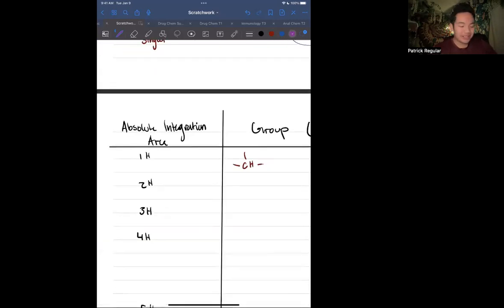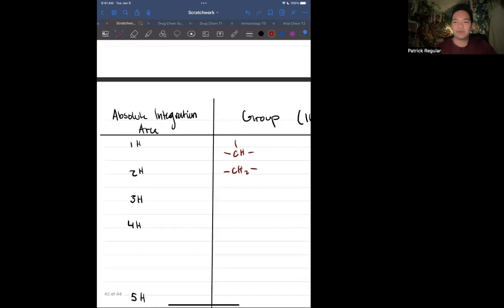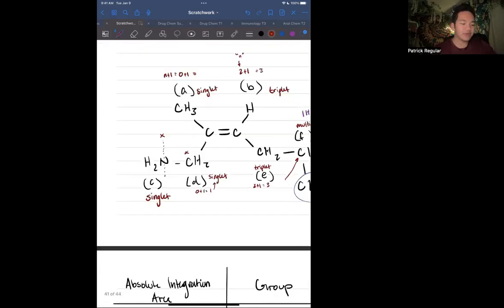2H is also really easy. That's just going to be a CH2 group. Let me fix that. Do that in red. CH2 group, really easy. There's two hydrogens that are chemically equivalent to each other, and they're on the same carbon. Now, 3H is also really easy. That's just going to be a methyl group, kind of like this methyl group right here.